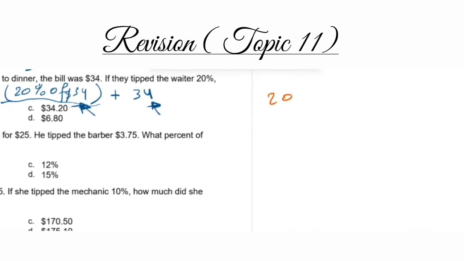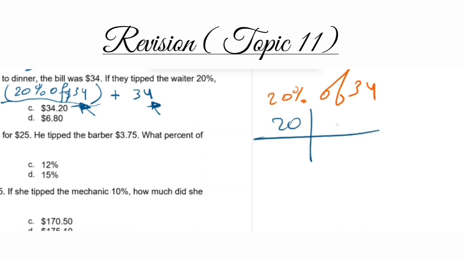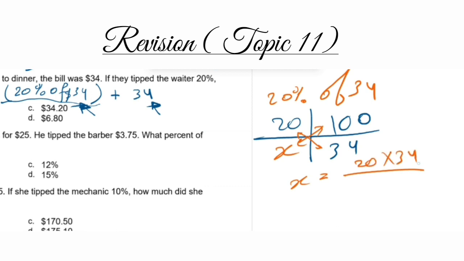We need to find 20% of 34. So 20, and here we have x. Use cross multiplication to find x. You should multiply 20 by 34 and divide by 100.